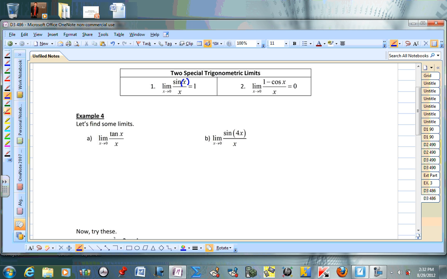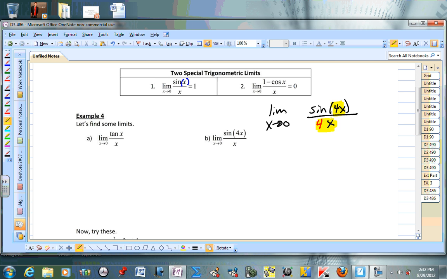First of all, let's write this problem down: limit as x approaches 0 of the sine of 4x over x. If we were to put a 4 underneath here, now the input of our function matches the denominator, and we can take the limit.